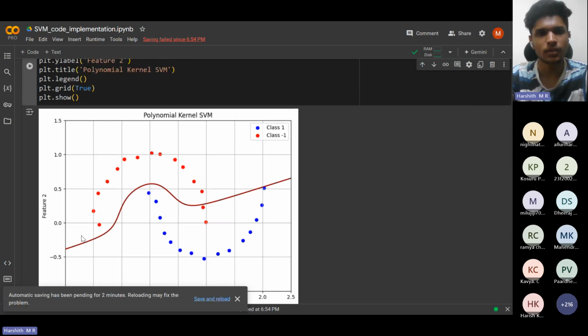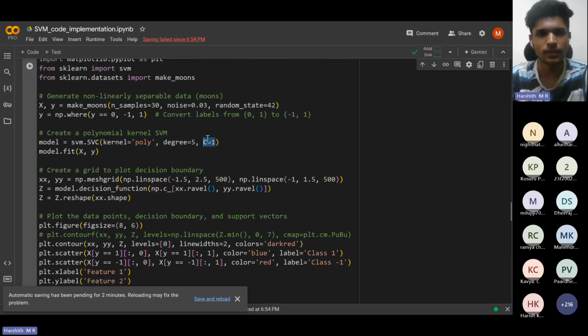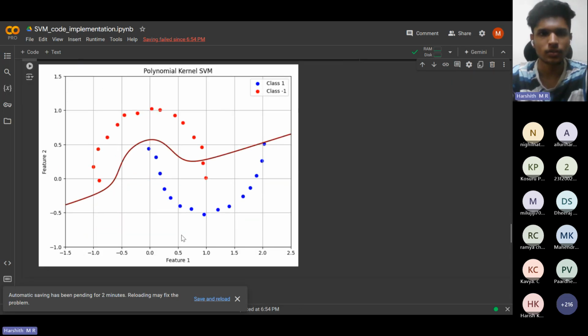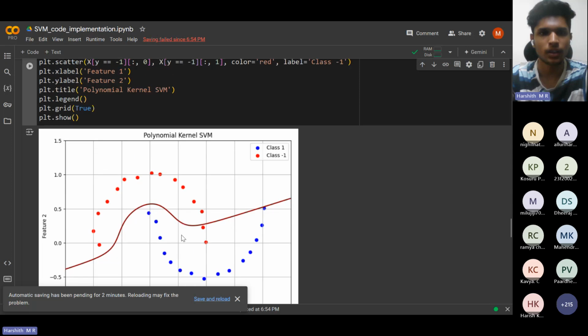Try out different values for degree as well as C, and try to make this curve classify these 2 points also correctly. So that is related to the polynomial kernel.